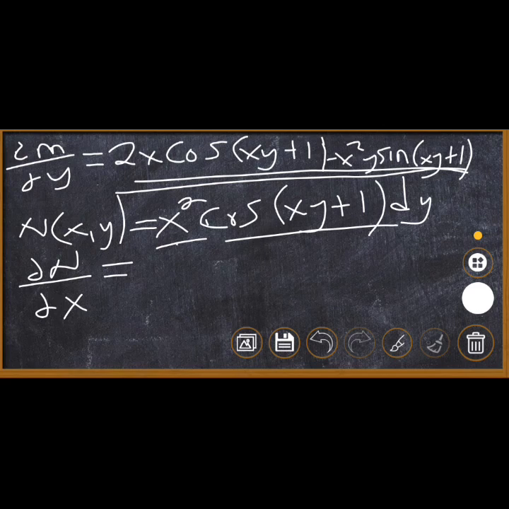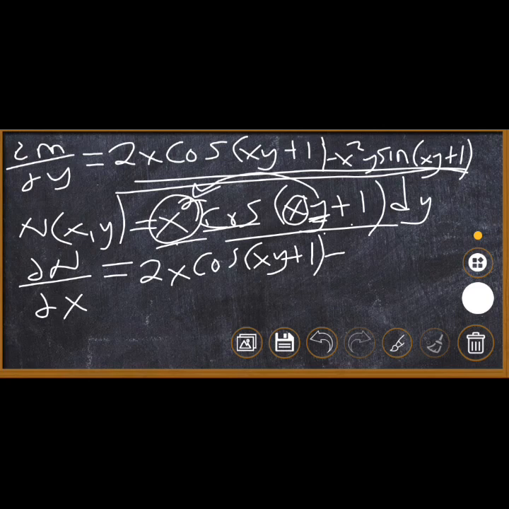So since we have the product here, when we differentiate this x squared, we are going to have 2x. Then this is just going to come the way it is, cos of xy plus 1. Then when we differentiate cos, we are going to have negative sine. When we differentiate in this bracket x, we are just going to remain with the y. So when we multiply y with the function that is here, that is x squared, we are going to have x squared y.